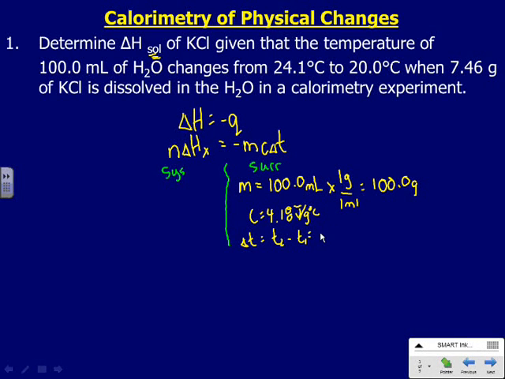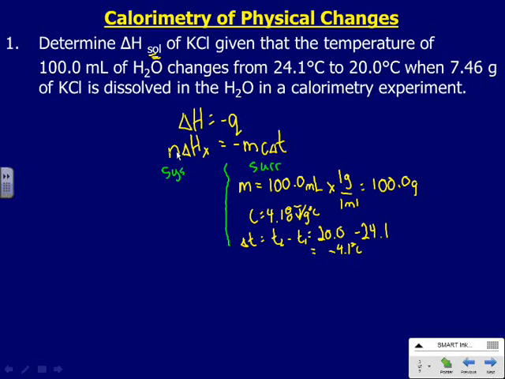What are our numbers here? The temperature is dropping, so T2 is 20 degrees Celsius, and T1 was 24.1 degrees Celsius. So in this case, the temperature dropped, and that's okay. That means we're going to have a drop in temperature of, and what do we get here for our drop? It looks like negative 4.1 degrees Celsius.